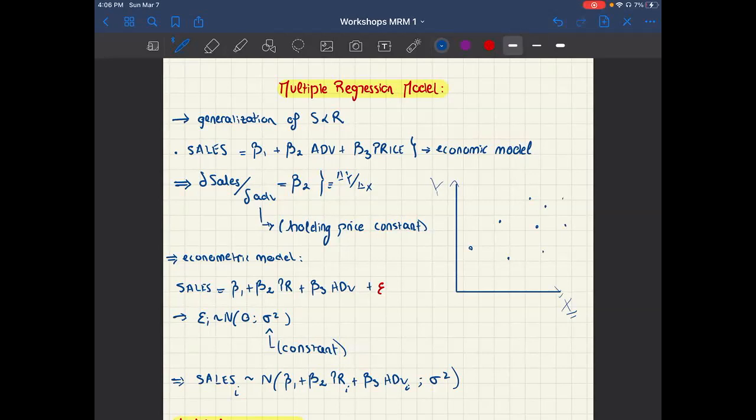We want to measure that relationship by trying to find the best fitting line between the points. When we measure one variable as a function of just one explanatory variable, that is the simple linear regression model you saw in class. And now we are trying to extend that with the multiple regression model.